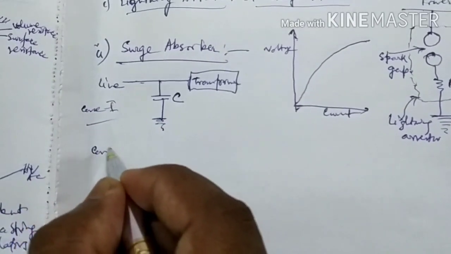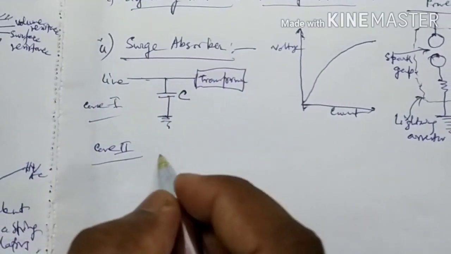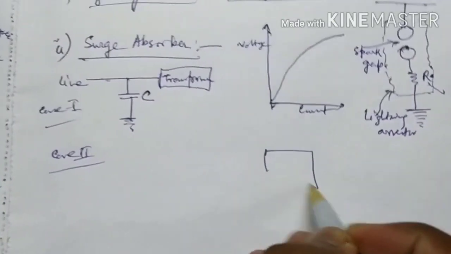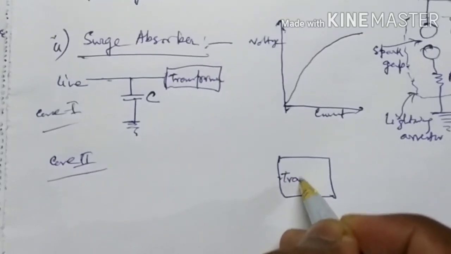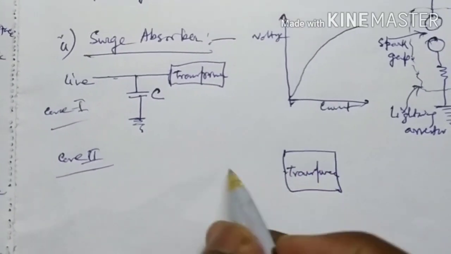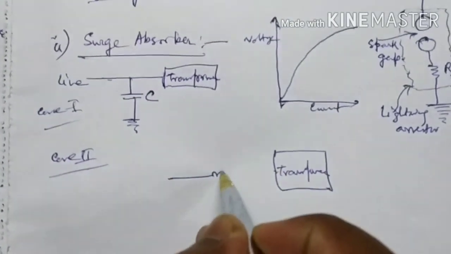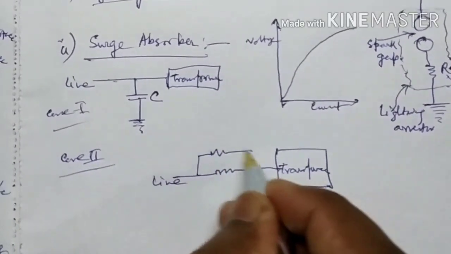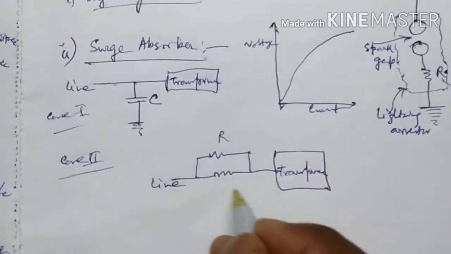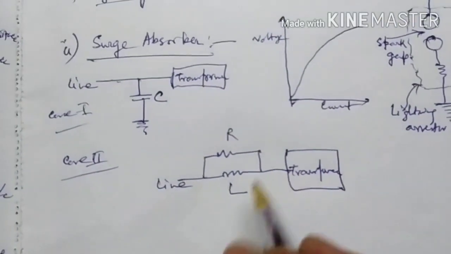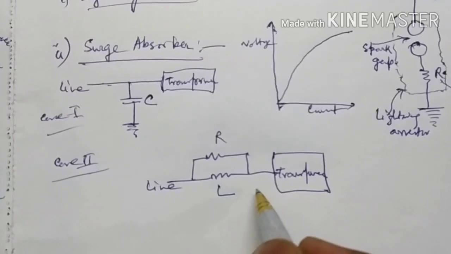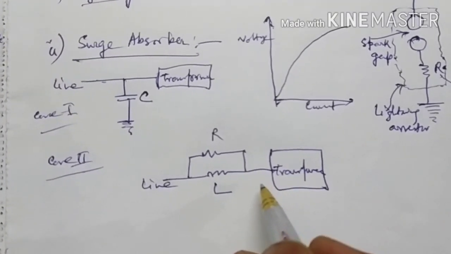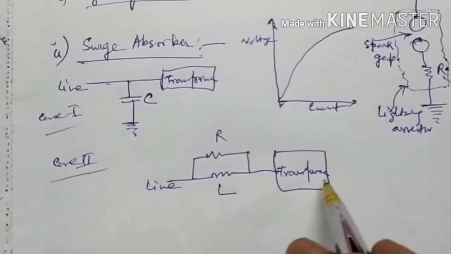And case 2, when a transformer is connected with the line, that is R and L. A parallel combination of choke and resistance is connected in series with the line to protect the transformer.